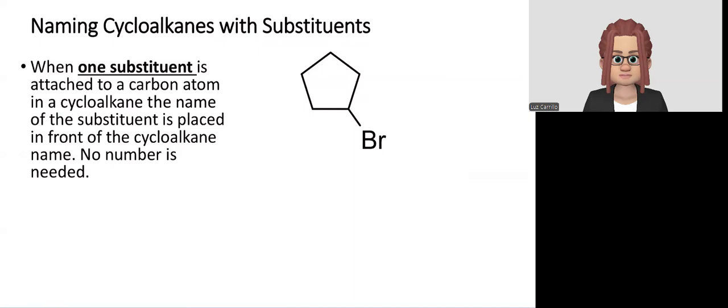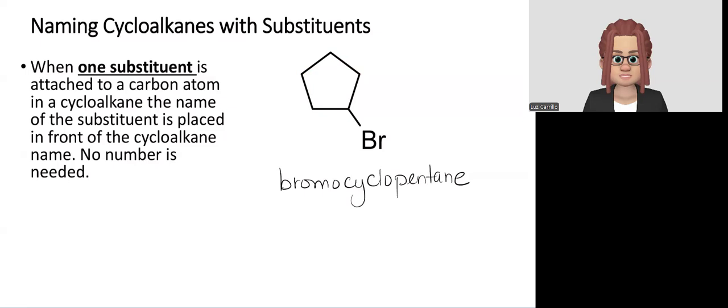For example, in the one that we have here, if I start at this carbon in my cyclic system, because it is where the substituent is, this is going to be carbon 1. And the important thing is that I identified that there are 1, 2, 3, 4, 5 carbons in my structure. So the name of this molecule is going to be bromocyclopentane.